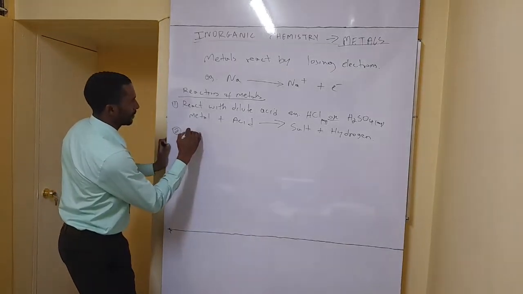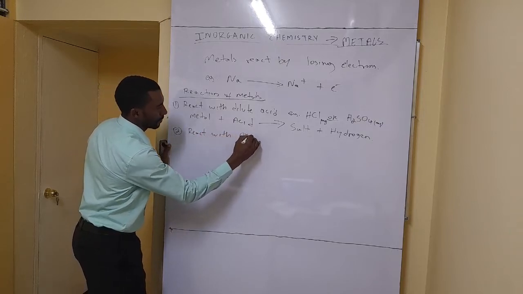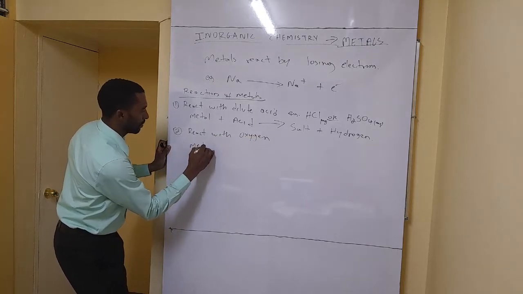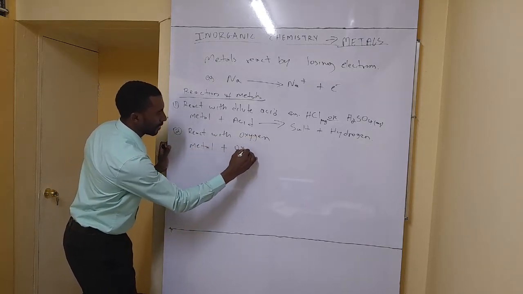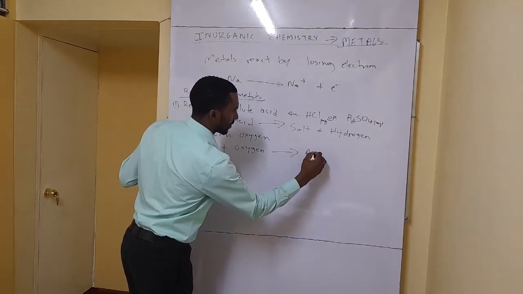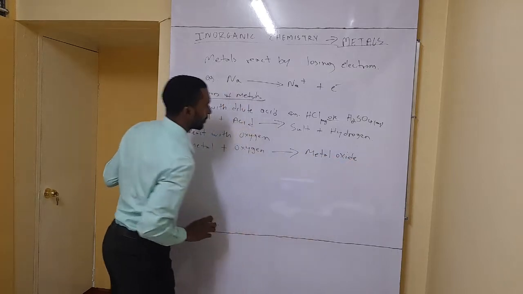Metal will react with oxygen, so metal plus oxygen produces metal oxide.